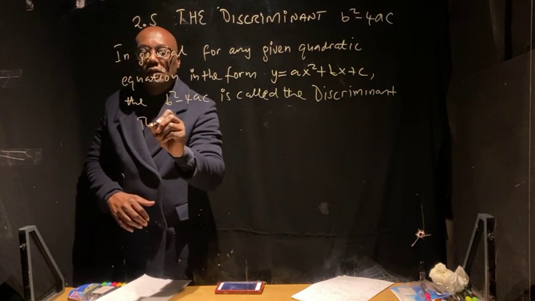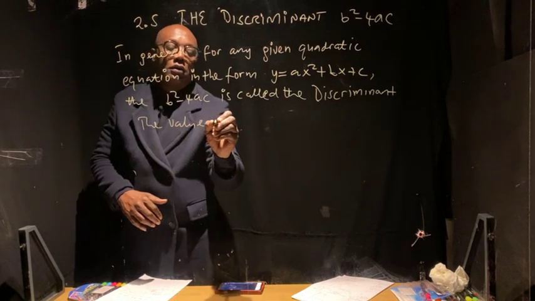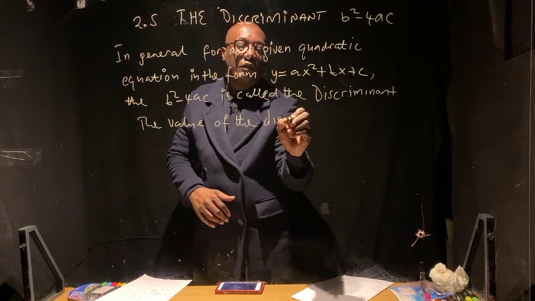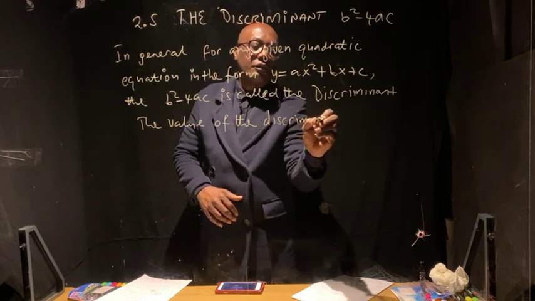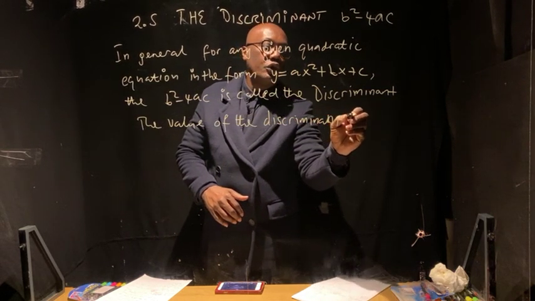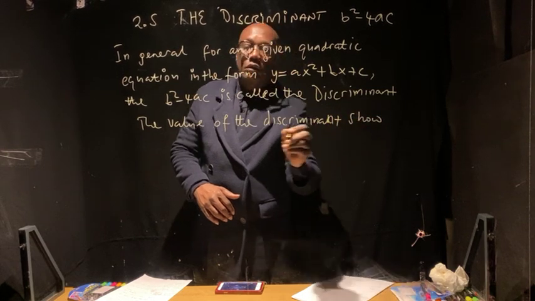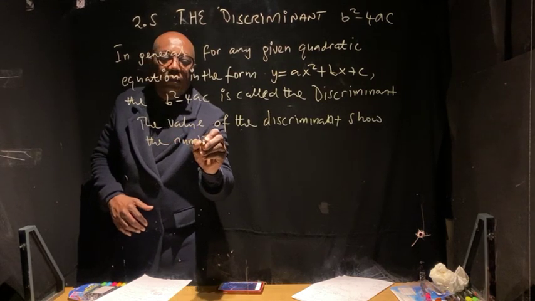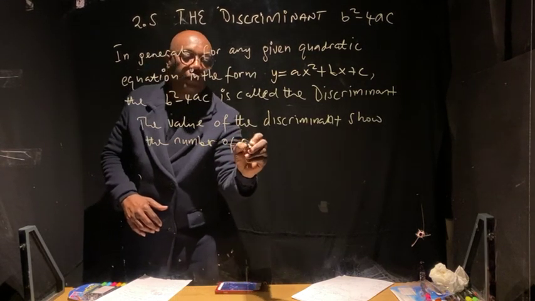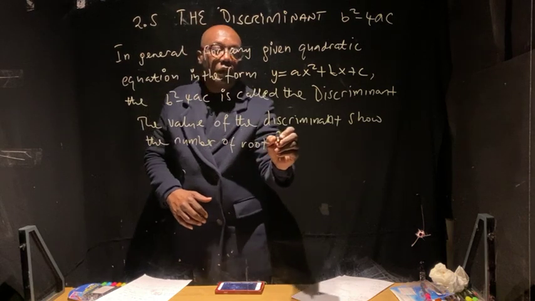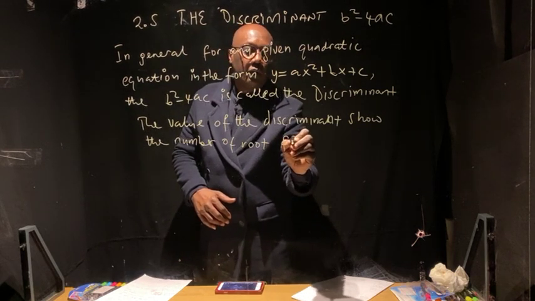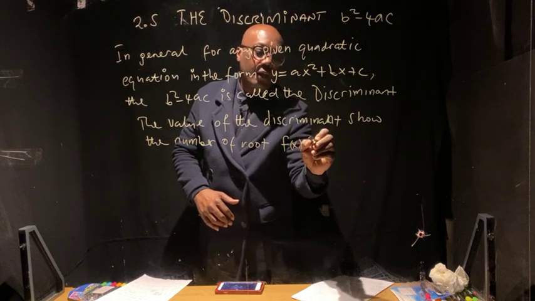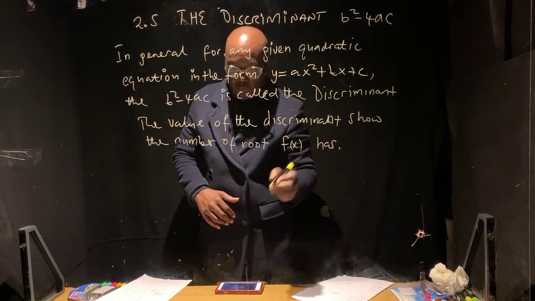The value of the discriminant shows the number of roots f of x has. Good.